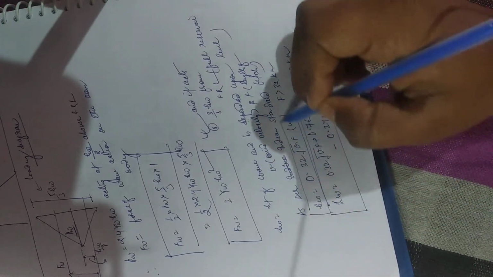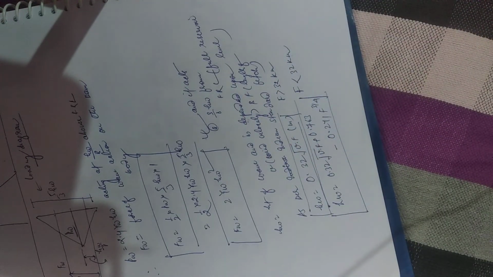So here, for the calculation of the height of the wave, as per Indian standard, the formula is 0.32 root under V into F when F is greater than 32 kilometers, and when F is less than 32 kilometer, then formula is 0.32 root under V into F plus 0.763 minus 0.271 F raised to power 3 upon 4.